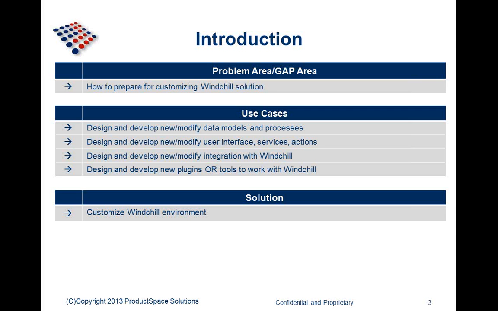Being a service provider, we have been receiving requests from customers to implement customizations such as obsolete and supersession processes for parts, implement regulatory compliance modules for parts and products, enhancements for variants and options, development of tools to easily access engineering data in manufacturing floor, etc. If we generalize the requirements, customers often need to design and develop new data model and processes, design and develop new user interface and services and actions, design and develop integration with Windchill, and also design and develop new plugins and tools.